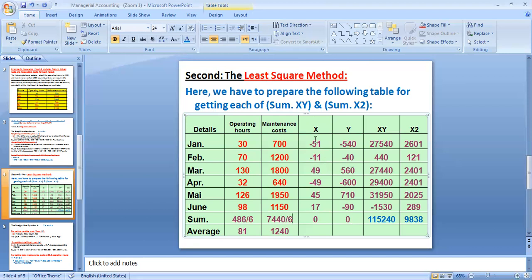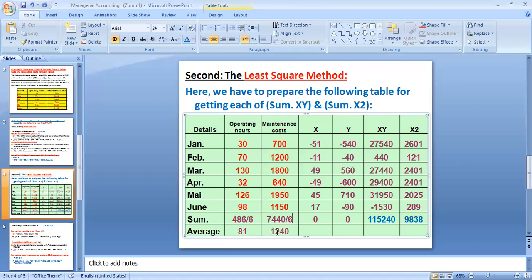How did you get x? I take the operating hours summation divided by their number, 6, which gives me 81. I deducted 81 from each number of hours for each month, and I get x. So the hours give you x. Then the cost: I added the cost of the 6 months and got 7,440, divided by 6 because they are 6 months.